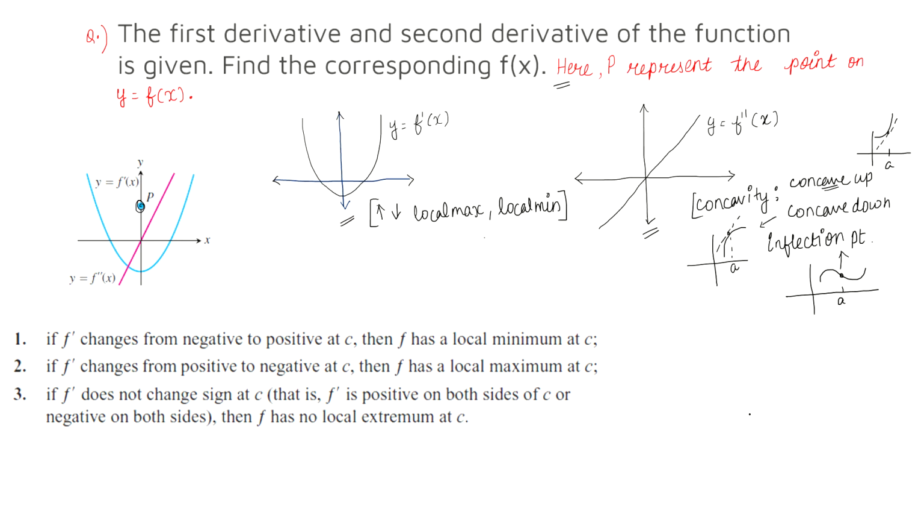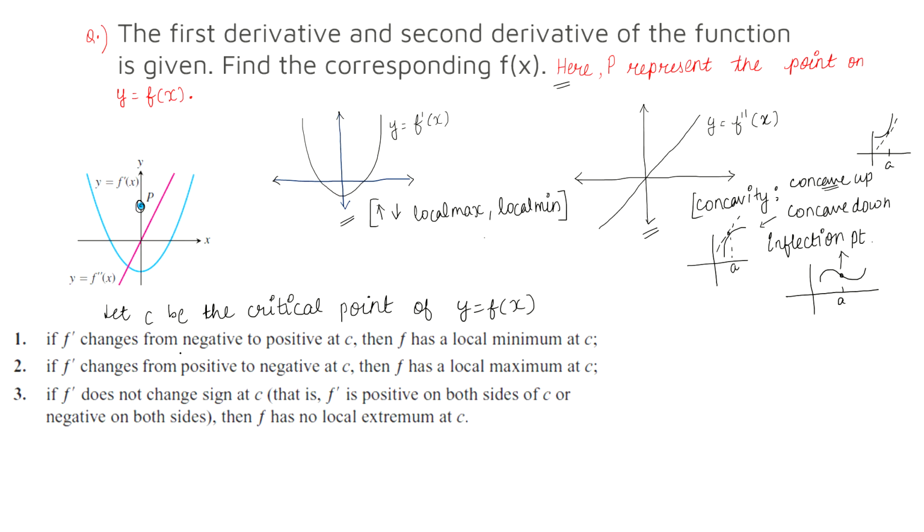Now let us see what all things we can derive from the graph of f dash of x, from the first derivative's graph. So first of all, let's see the critical point of y is equals to f of x.